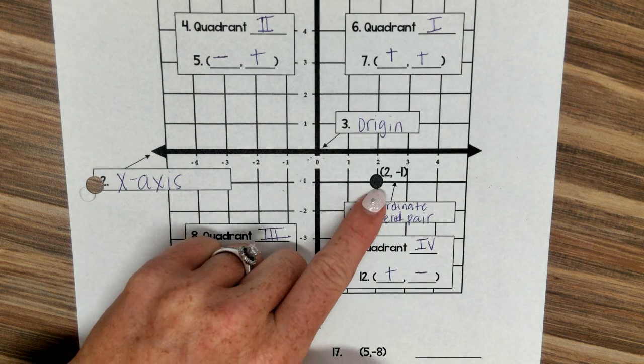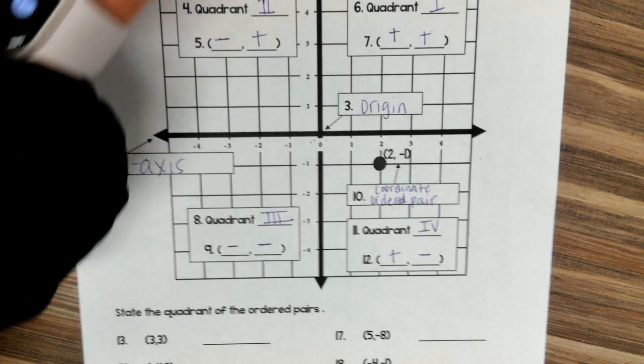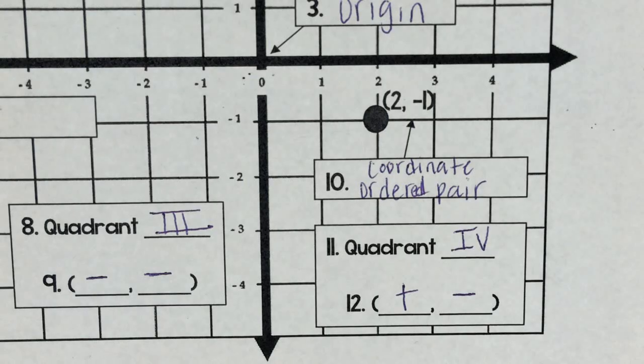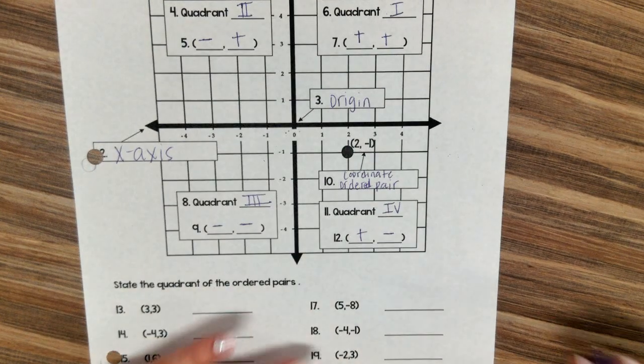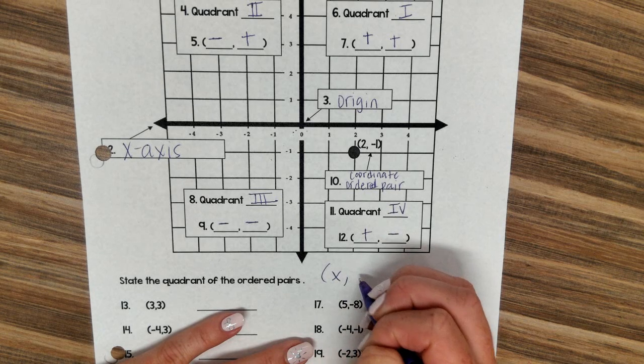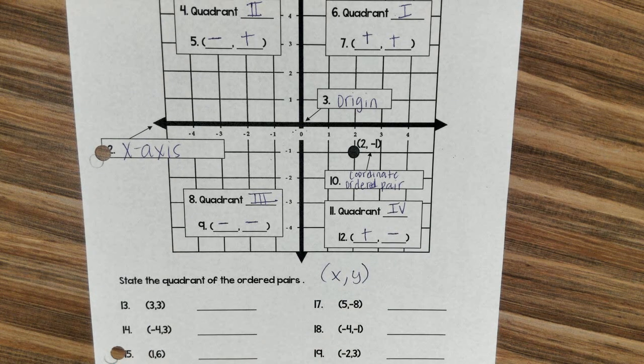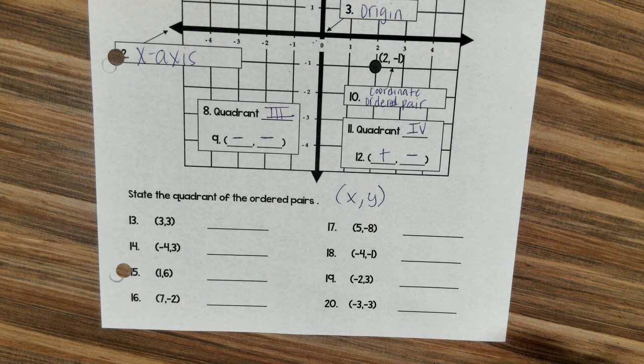So this dot right here is either referred to as a coordinate or an ordered pair. Now remember that when you graph, it is always an x, comma, y.